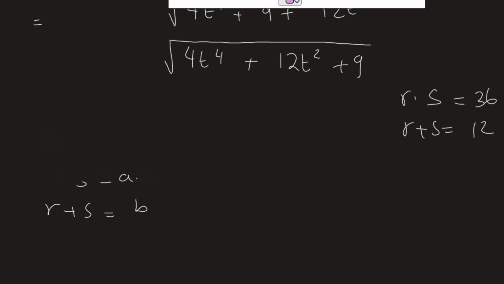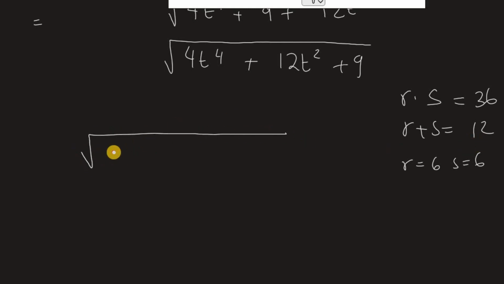So let's think about it. You'll end up with r equals 6 and s equals 6. Okay, so these are the 2 numbers. If you multiply them, you get 36, and if you add them, you get 12. Okay, so the next step is to break this 12 into 6 and 6, into r and s.